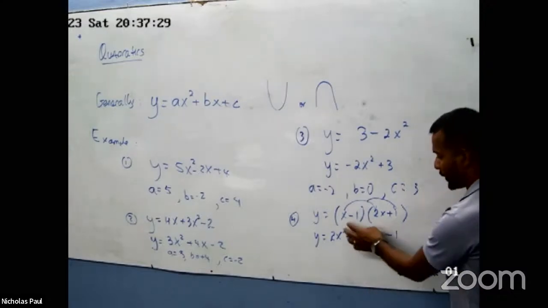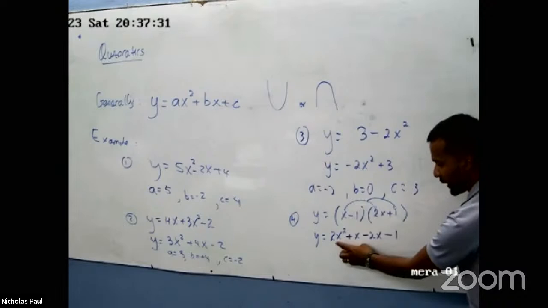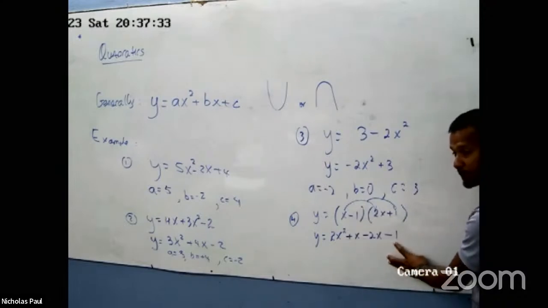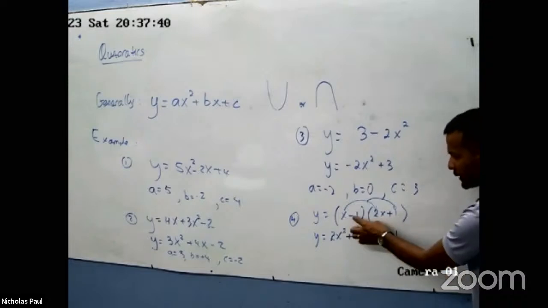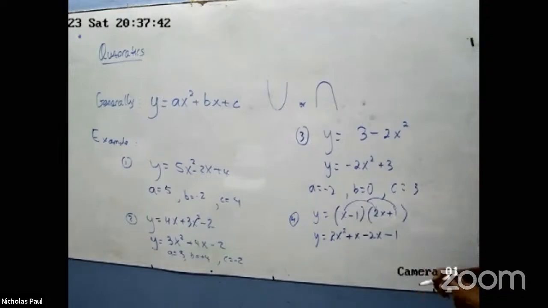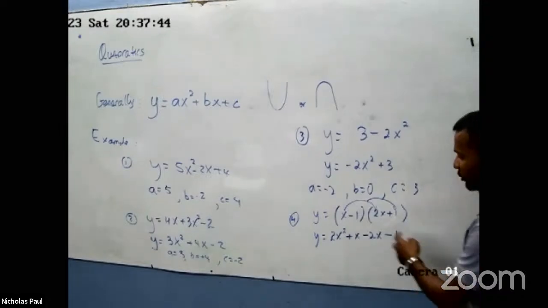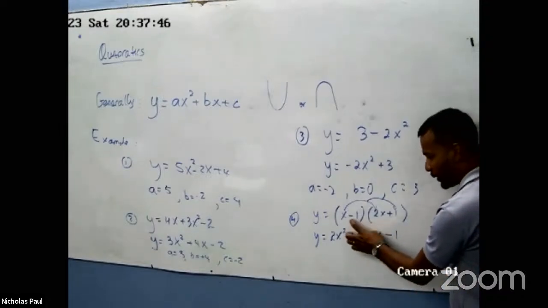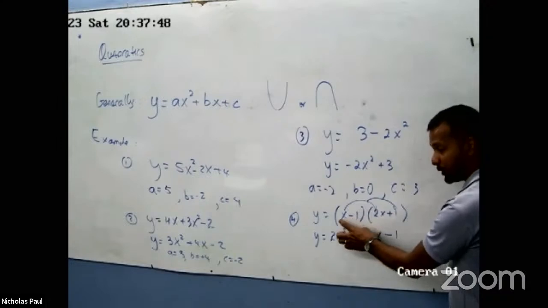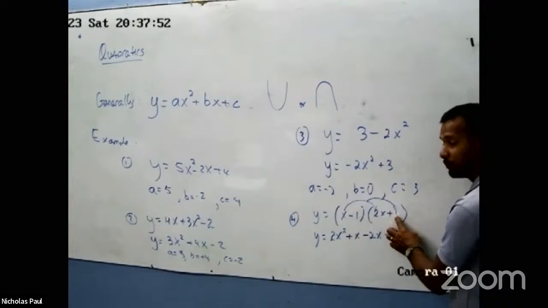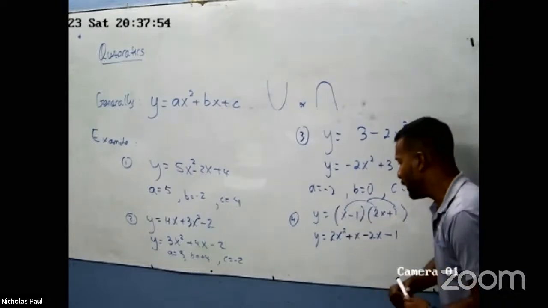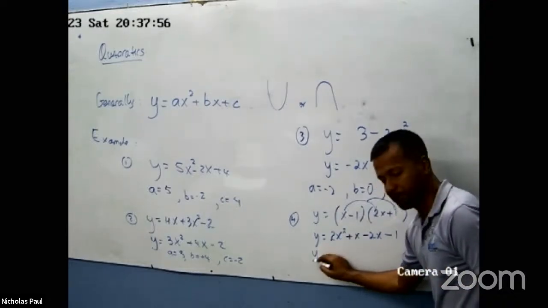So when you expand a bracket, you're supposed to get 1, 2, 3, 4 terms. Once you do it properly, you get 4 terms, right? This by these two, this by these two. One of the things I want you to pay attention to today is that you're always multiplying the value and the sign. Inside here, you can bring your like terms together.